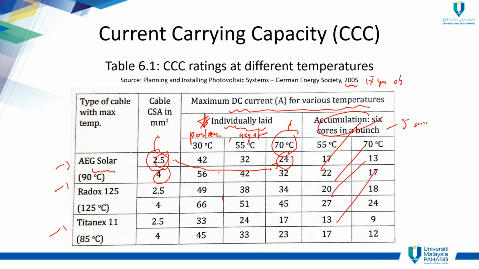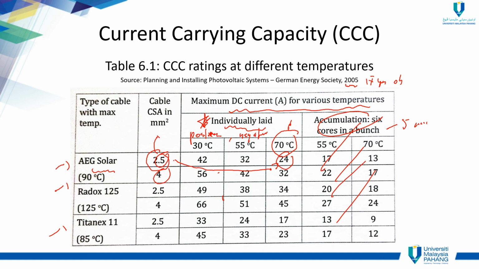That's the difference between the solar cable, the double insulated solar cable. Solar cable is double insulated. There's a difference between the solar cable and the DC cable. Normal DC cable is like the battery cable, only a single insulator.